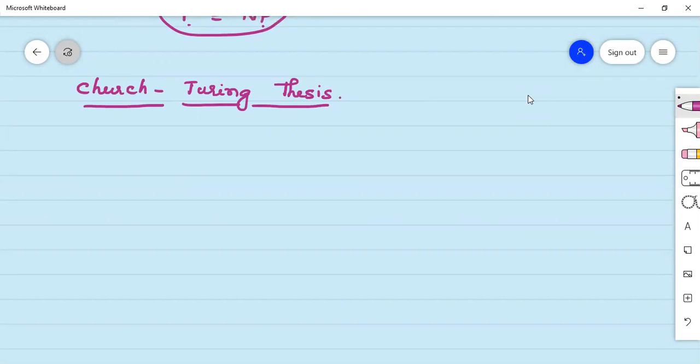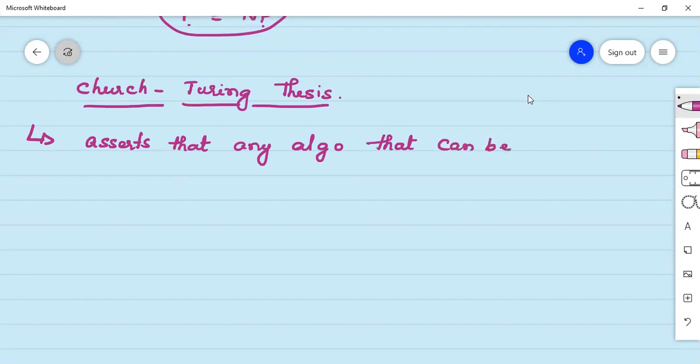We said that Church Turing thesis asserts that any algorithm that can be performed on any computing machine can be performed on a Turing machine, right?